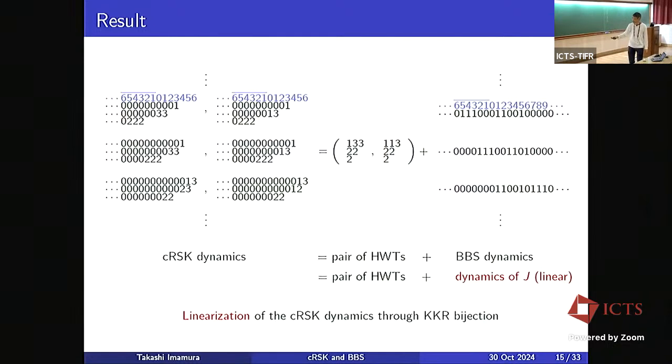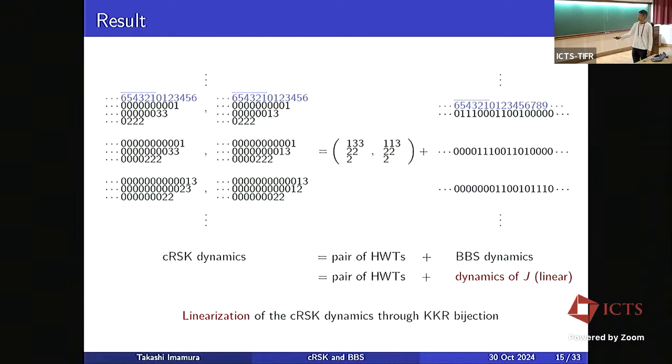The meaning of this equality is that we have explicit combinatorial algorithms, and according to this algorithm, the pair at each time can be mapped to a pair of HWT plus the BBS state at the corresponding time, like here.